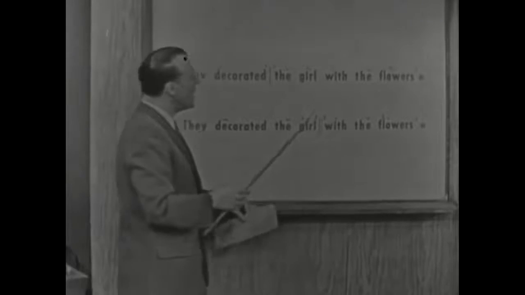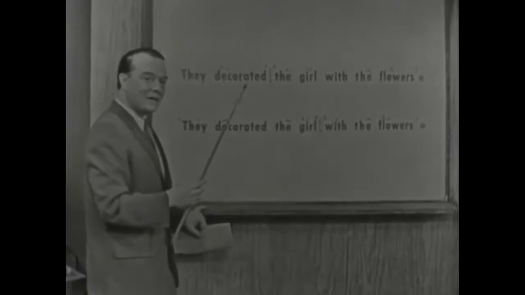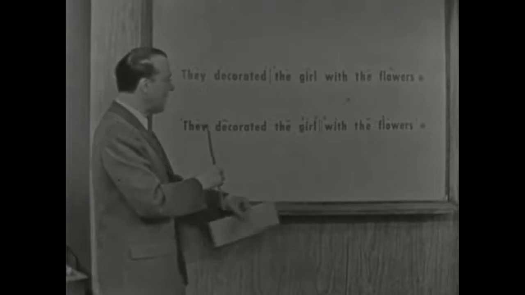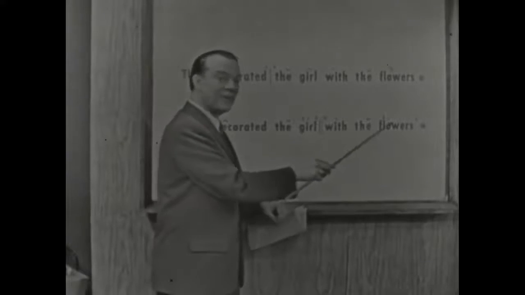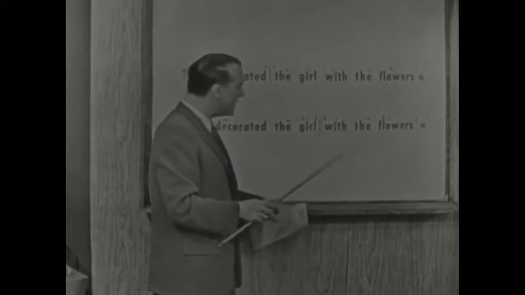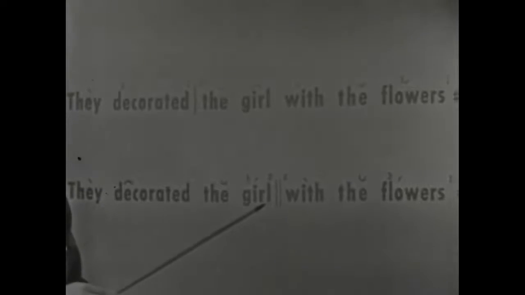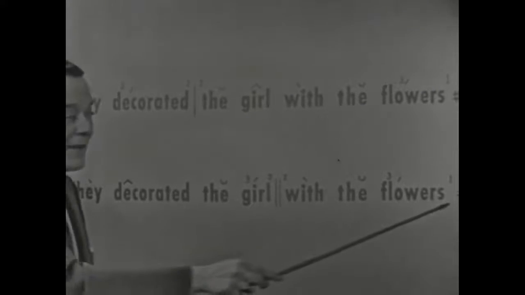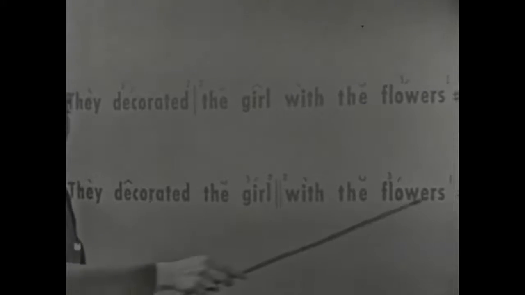All right, now, when I say, in contrast to this, "They decorated the girl, with the flowers," what have I said? I've said something quite different. I have said that at this point, I have ended the actual direct object, and that this particular item now, with the flowers, is in quite a different relationship than before. What did it mean up here?